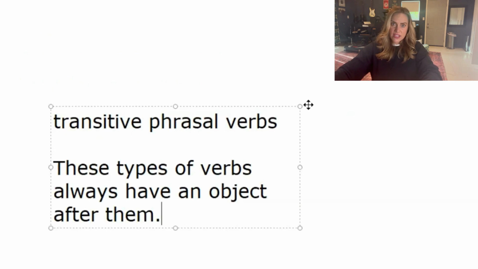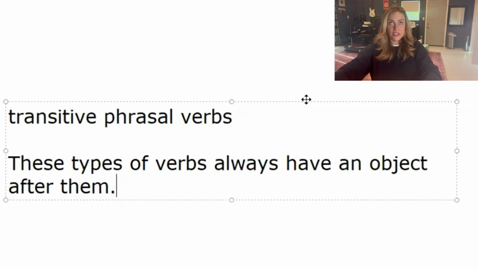Now, the tricky thing is some verbs can have an object and some same verbs cannot, and then they can be transitive or intransitive, which is exciting, but don't worry about that. We're talking about transitive today. So transitive phrasal verbs, that means these verbs have to have an object after them. A thing, a person, a pronoun, whatever, okay?